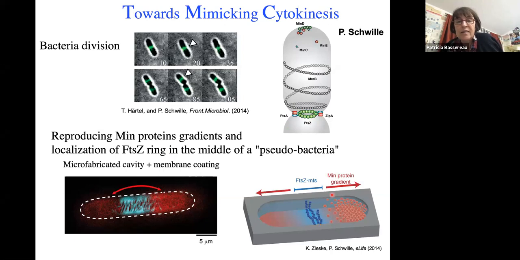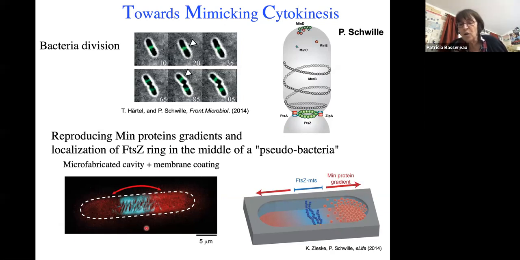In this case, this is a microfabricated structure, which is covered inside by a membrane. And she has been able, as you can see here, to reproduce the localization of these rings in the middle of this structure, which mimics the interior of a bacteria.